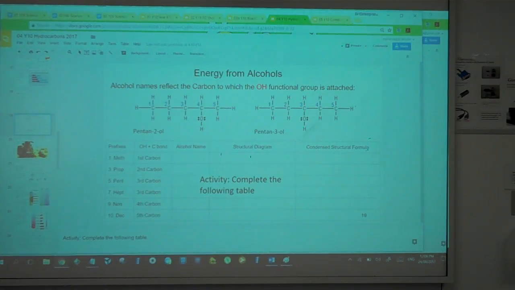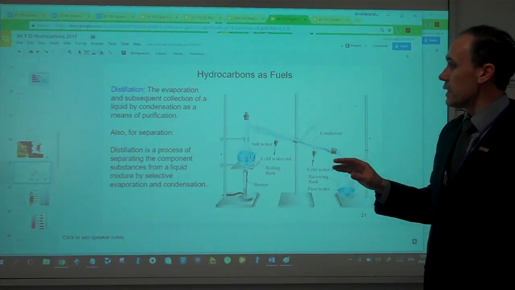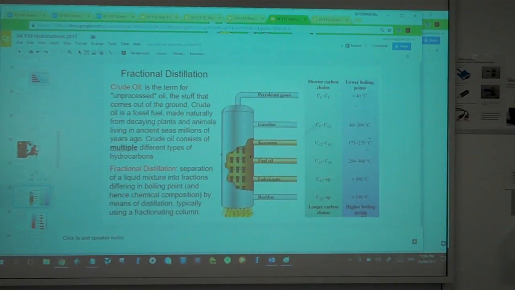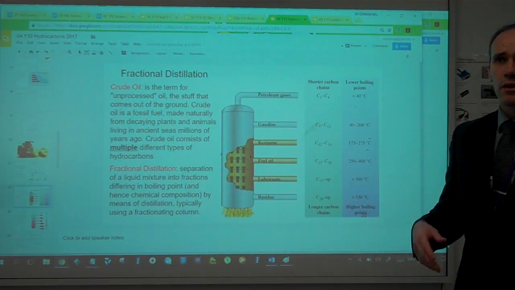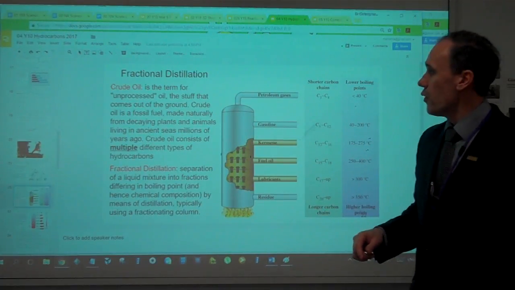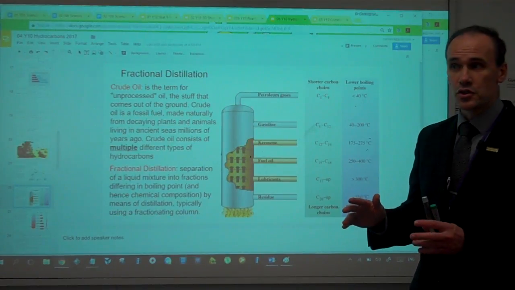And lastly, there's two things. Fractional distillation. Distillation is this idea that you can separate things. How do you separate things using distillation? What's the key thing? Boiling points. Different boiling points allow you to separate things in solution.